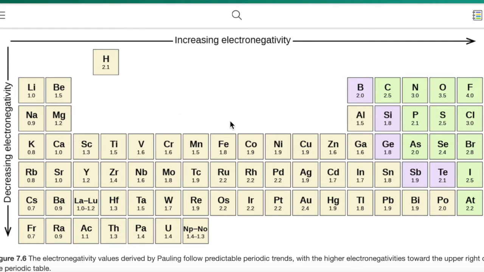And this is not really a measurable quantity. This is an arbitrary scale, just a ranking that was done by a scientist named Linus Pauling that gave a rating of how much these elements pull on the electrons when they're bonded to an element of a different type, which ones pull on the electrons more.